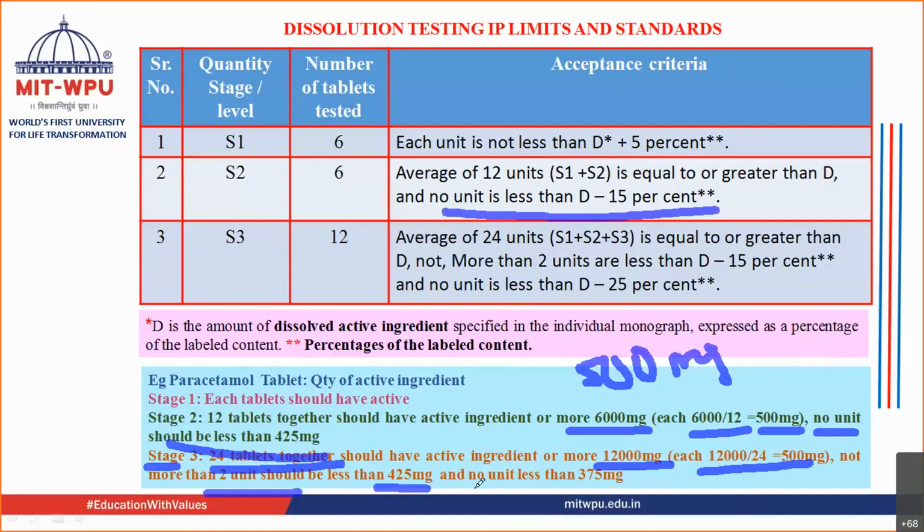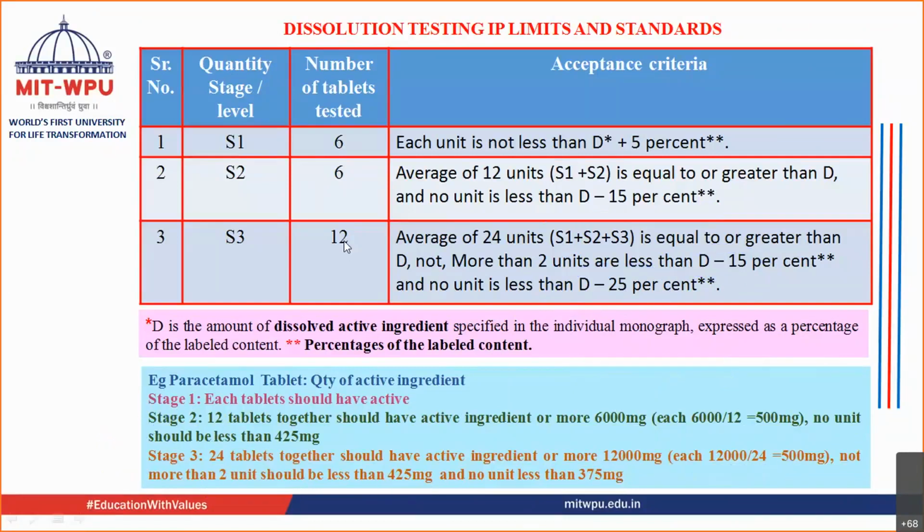And no unit should be less than 375 milligram. So it is going to satisfy this condition also. If it passes stage 1, the test passes. If it passes stage 2, then also the test passes. If it passes stage 3, then also the test passes.